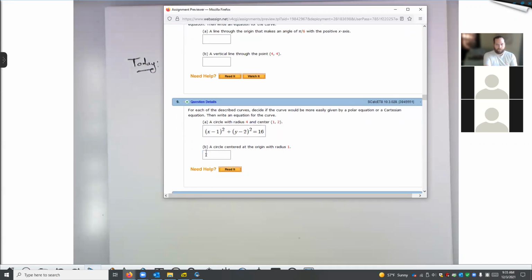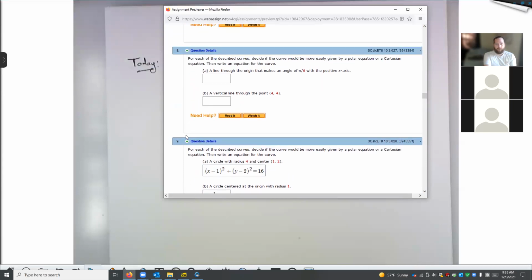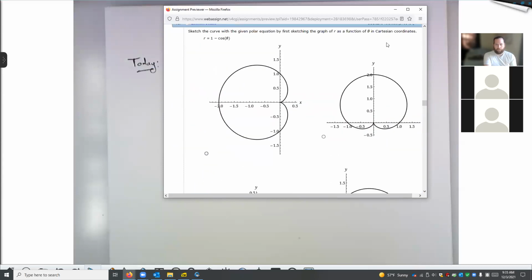But in polar coordinates, this would just be r equals 1. So I know which one I think of as a simpler expression, by miles. And you'll see similar sort of stuff on the other problems of this nature.